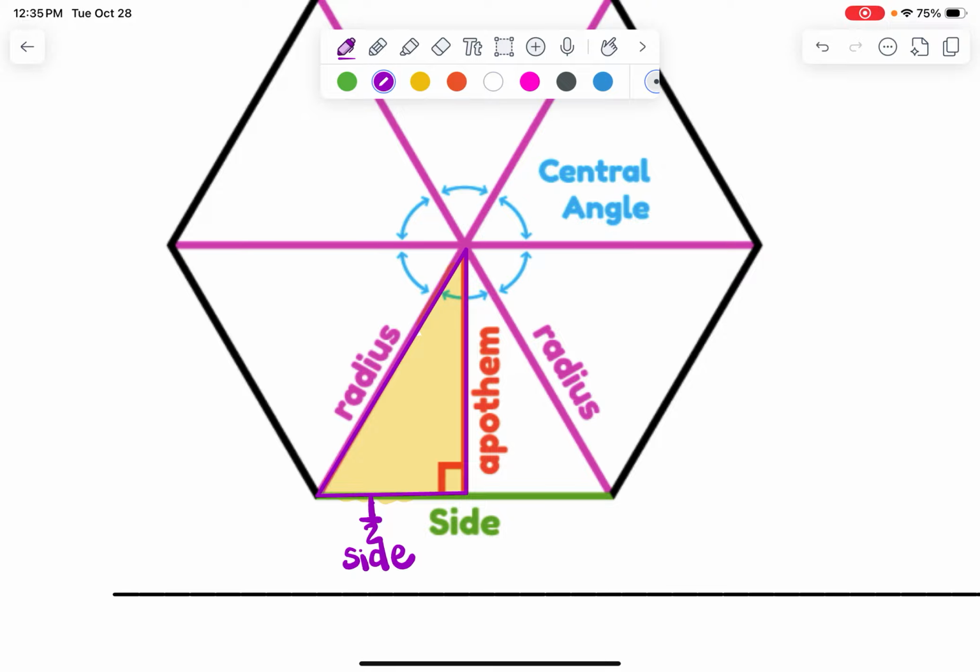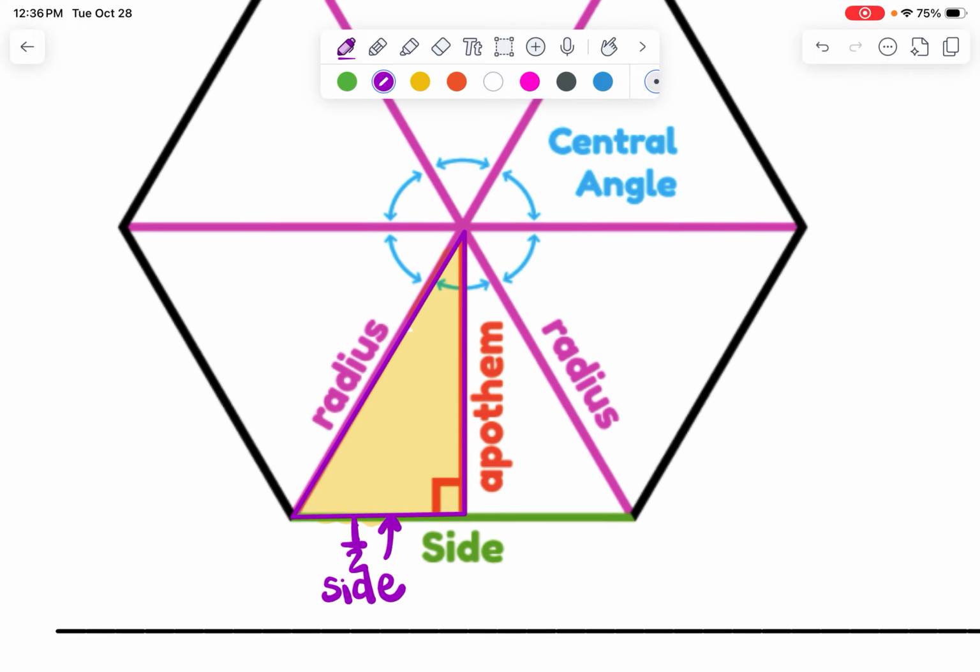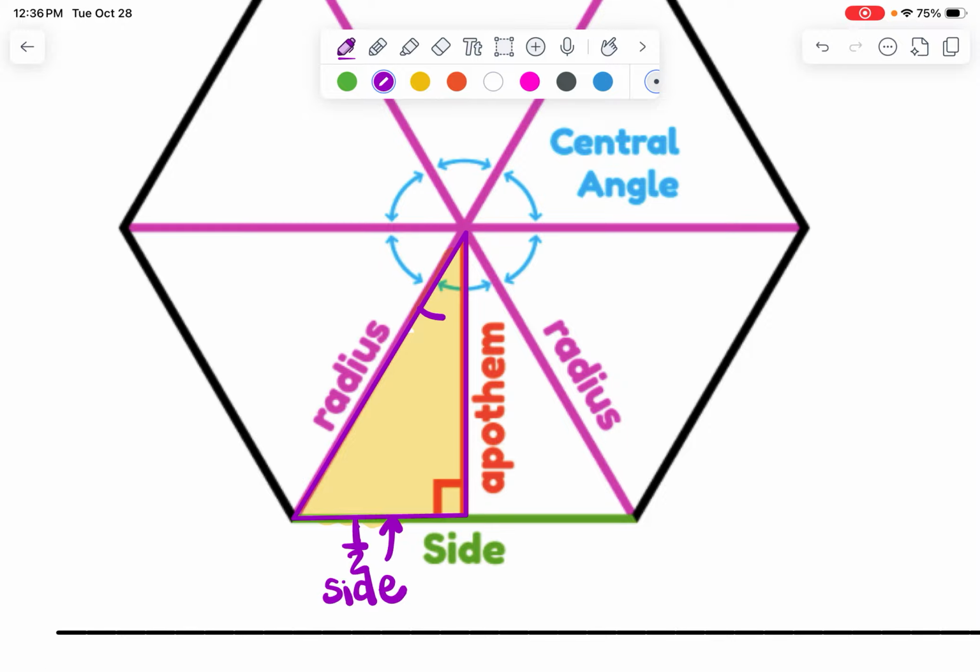So that's really important, right? That the base of my right triangle is half of a side length. And you'll see why here in just a second. Okay, the other thing that you're going to want to know is this angle here. And again, you'll see why in just a second. I want to know what this angle is inside my right triangle. Well, is that a central angle?